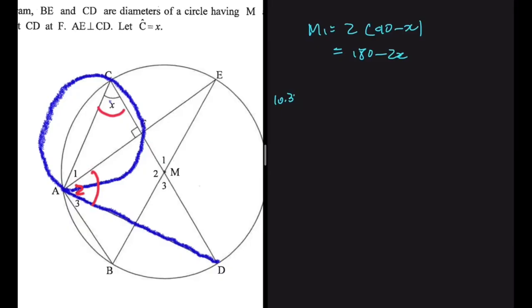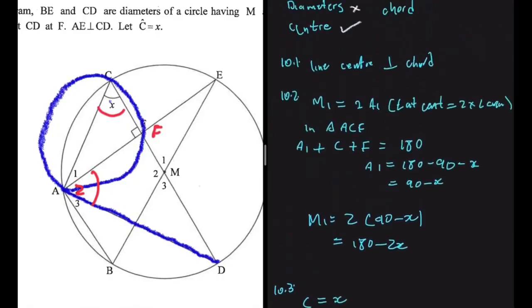Why should that be true? That should be true because of the tan chord theorem. So if we prove that A2 is equal to X, then we have proved that AD will be a tangent to a circle that goes through ACF. Right, so what is the size of C? The size of C is equal to X. So now we just need to prove that A2 is also equal to X.